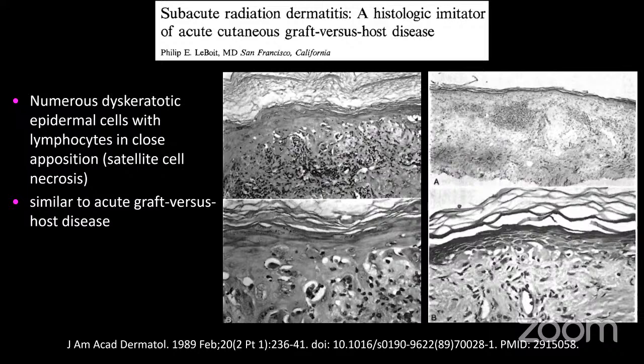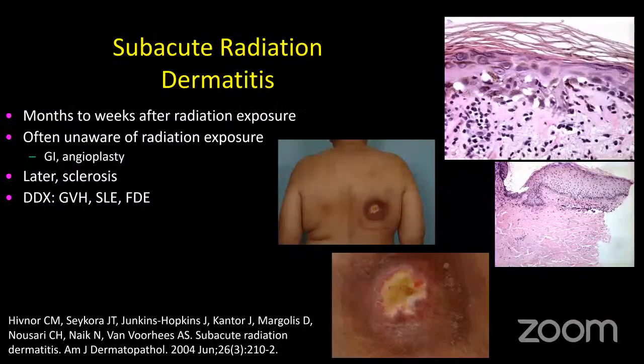Subacute radiation dermatitis is not that common. It has histopathologic features that can overlap with graft-versus-host disease, with lupus erythematosus, with fixed drug eruption. And this is actually due to radiation, not from the site. So you don't have radiation here.